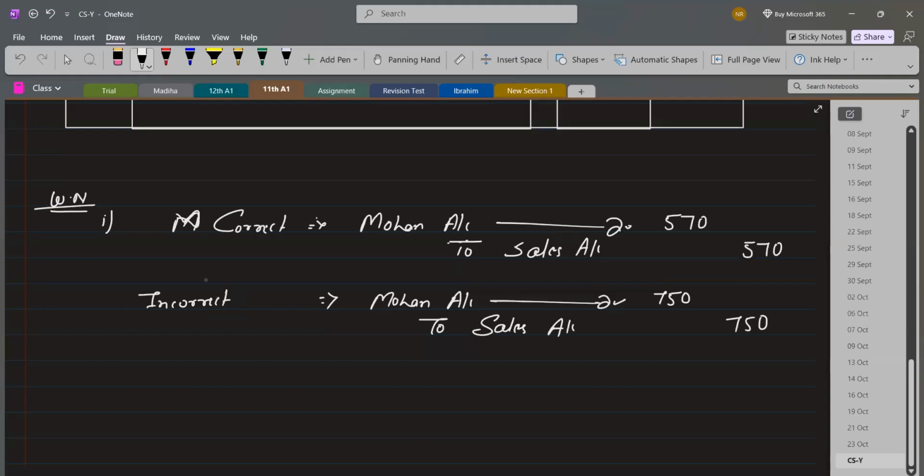So that's why we don't have to convert the entry, reverse the entry, or merge the entry. We just have to, you can see, the difference is 180 between these two amounts. Can you tell me what should we do here? If you're getting the question, then tell me what should we do here?